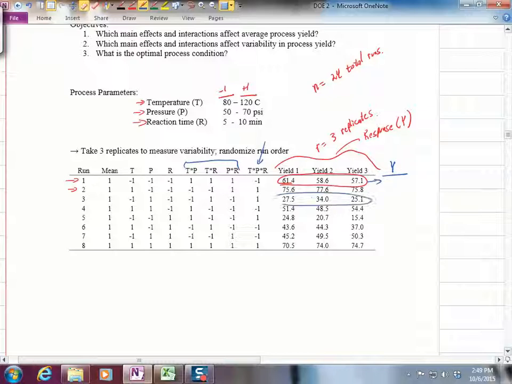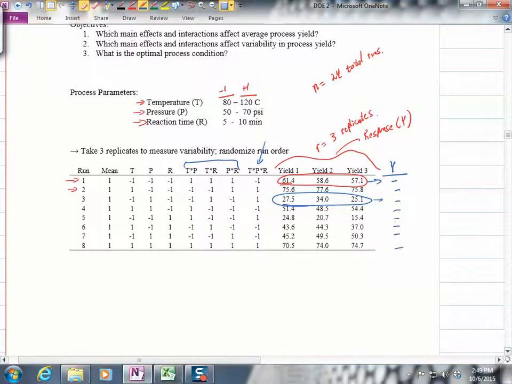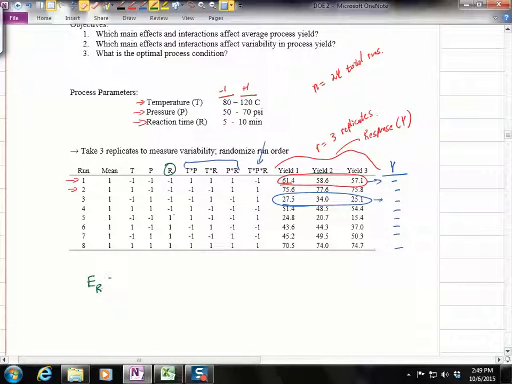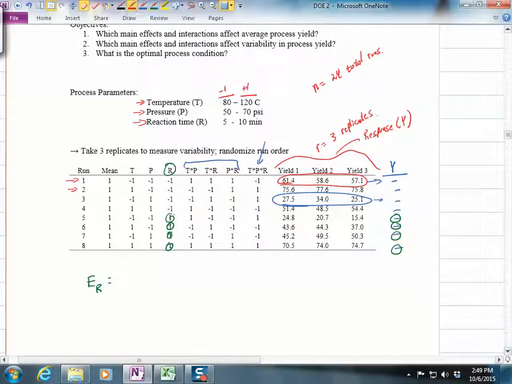So then what we said we were going to do is, it's easiest if we take each of these measurements and calculate an average yield from it. And now we're going to look at this table and say, for example, if I wanted to calculate the main effect of R, I would say these 4 values, which are those 4, minus those 4, divided by 4.